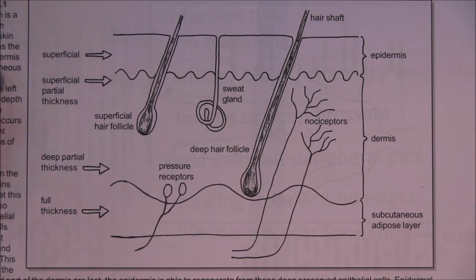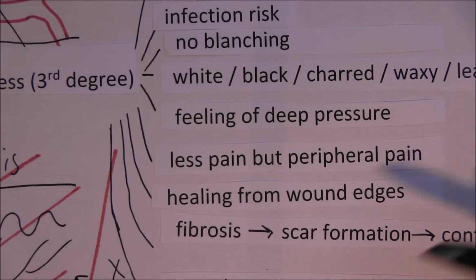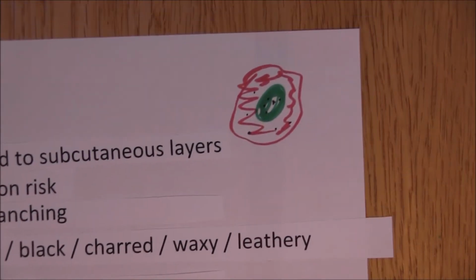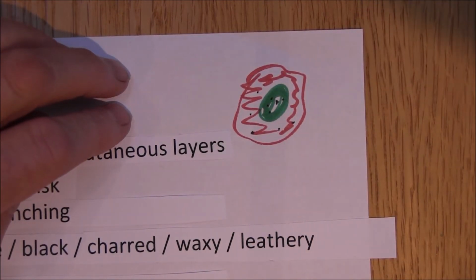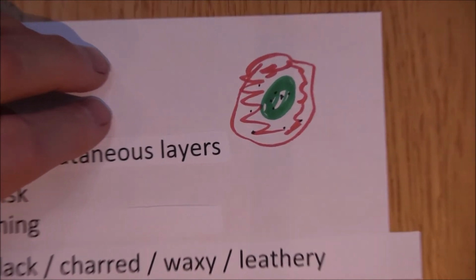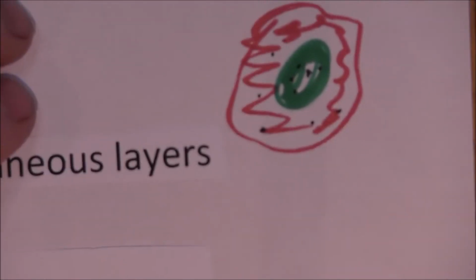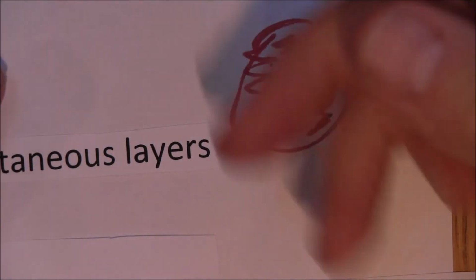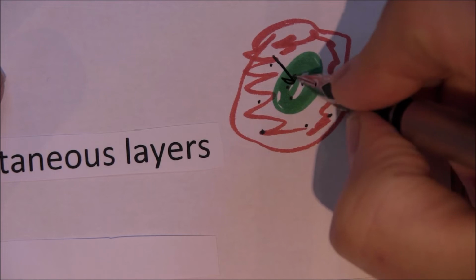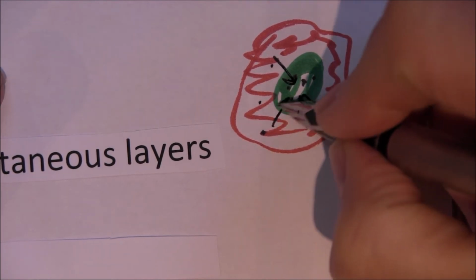Unless it's relatively small and can heal from the outside in. So a burn of this sort of size, imagine that green bit was the burn there. If that was a real size, just compare that to part of me to get the idea. Then that could heal from the outside in and you could get regeneration there.